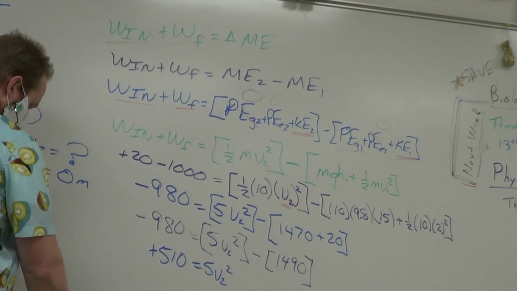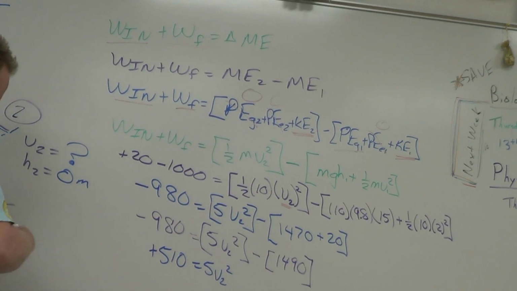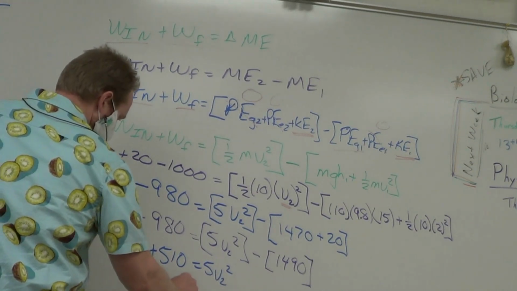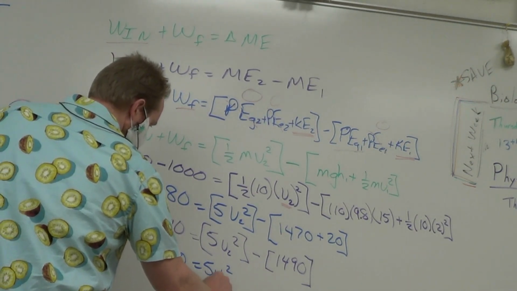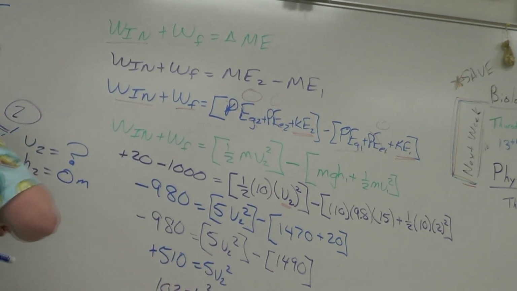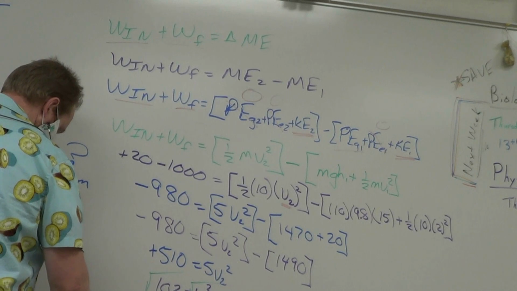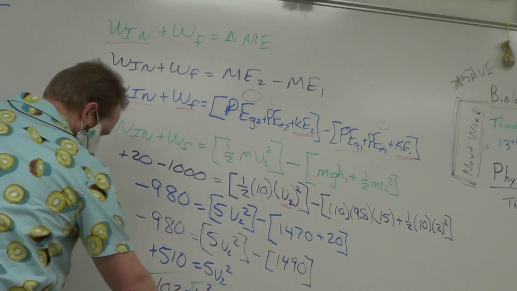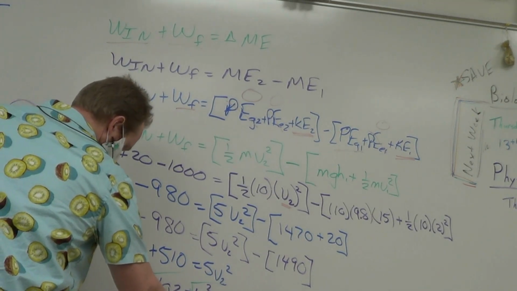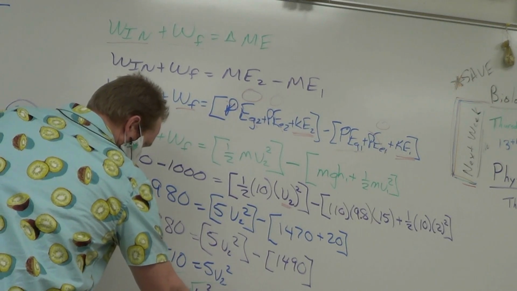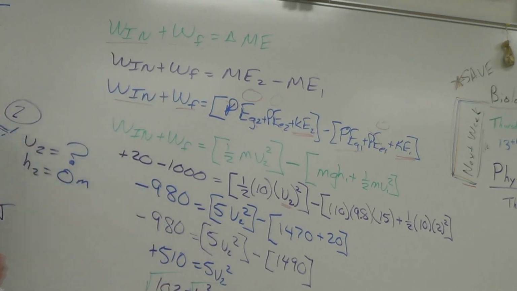Divide both sides by 5, and we get 102 is equal to V2 squared. Last step, take the square root of that answer, and we get a V2 that's equal to 10.1 meters per second.